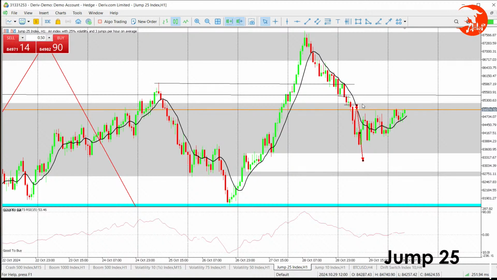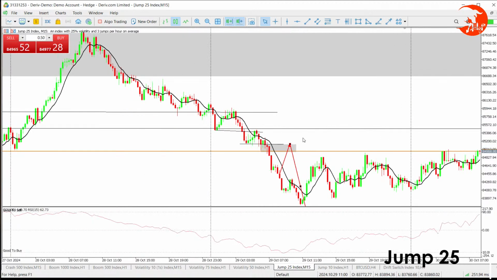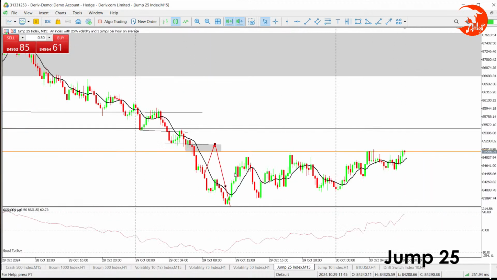Those who remember, I had anticipated the pullback there, then later on sell. Looking at M15 where I had done that, it sort of came to that level there, so it started to sell, but it is having low momentum.